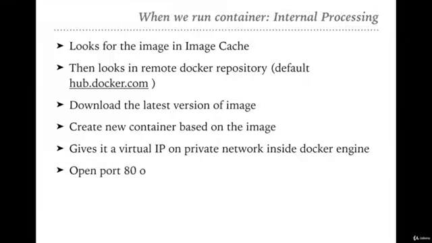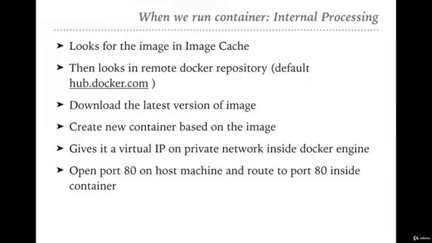Now we will discuss the ports. In our previous commands, we published some ports. The first port denoted the host machine port and the second port denoted the container port. After that, Docker will open a port. Suppose we provided port 80 in the command, then it will open port 80 on the host machine where the Docker engine is running and route all the traffic on port 80 inside the containers.